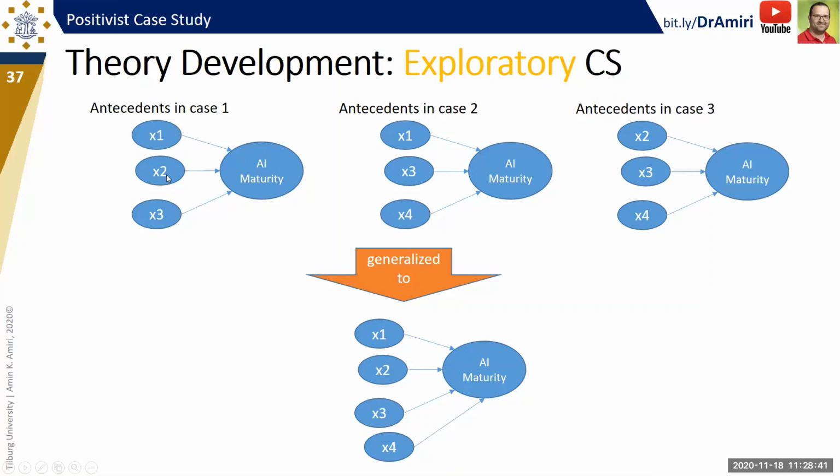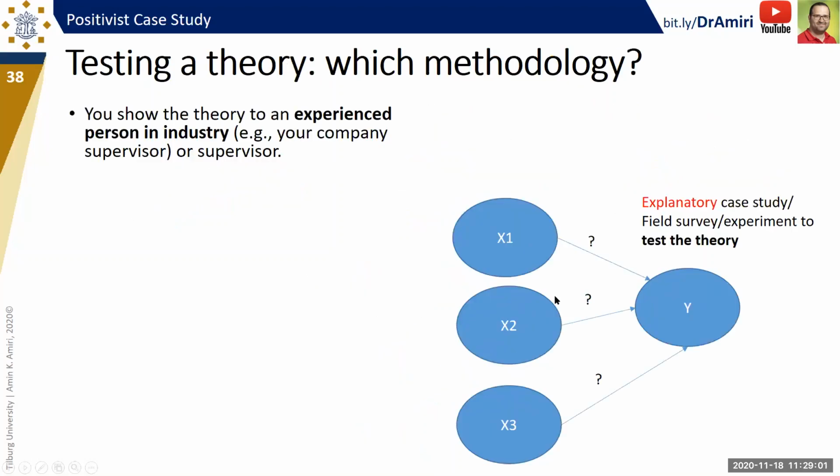You find X1, X2, and X3 in case 1, X1, X3, and X4 in another case, and some other construct in another case, and then you generalize them to the factors that can influence AI maturity: X1, X2, X3, and X4. So this is how theory development usually works.